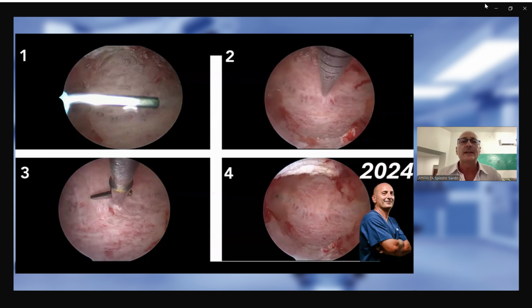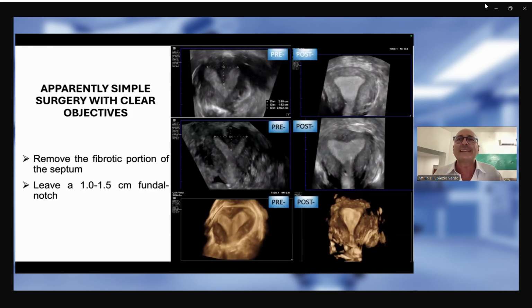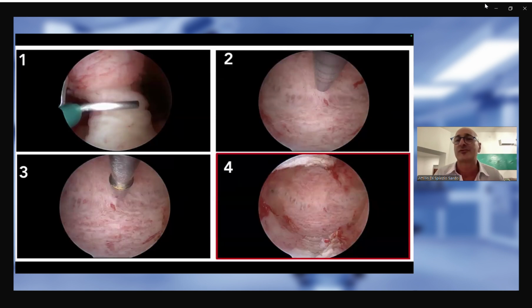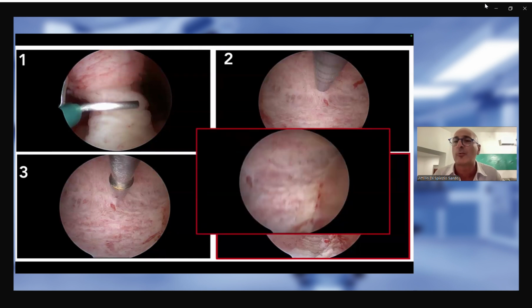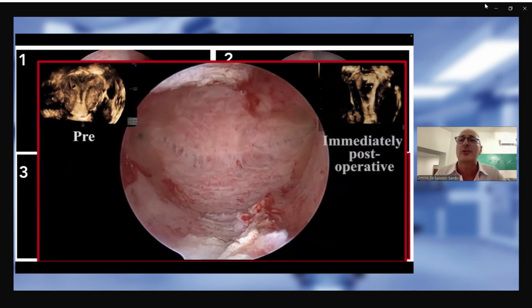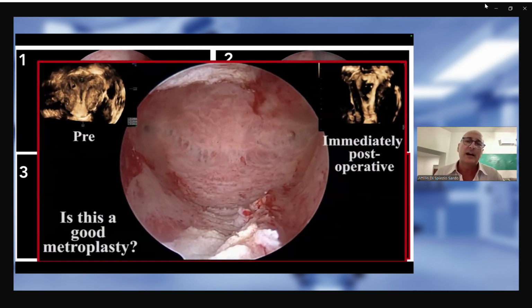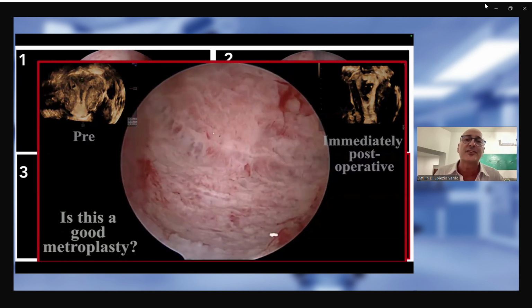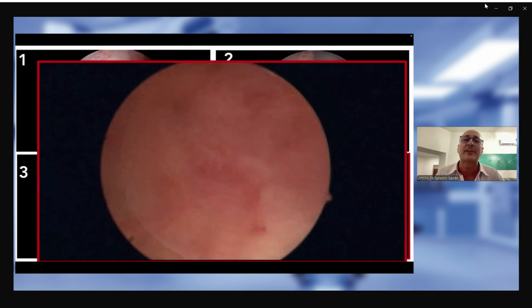But apparently, this surgery is very nice, but whoever does hysteroscopic surgery knows that sometimes this surgery can be very frustrating. The same surgery that I showed you before, everyone probably agreed that the surgery was done in a good way, because at the end, even when we checked with immediate sonography after surgery, we thought that we did a great job.